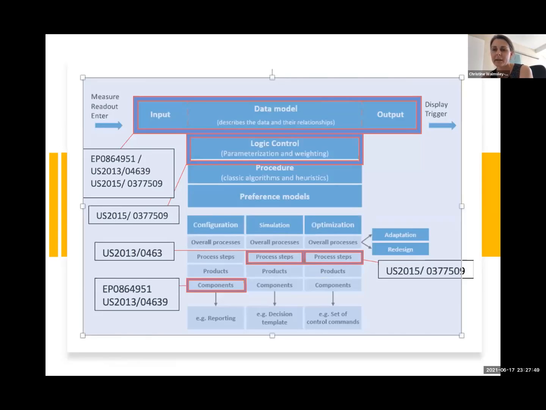So you're looking at parameterization and weighting, how you can take the inputs and really closely monitor that to make sure that your outputs are correct. Then there were a number of patents also that related to configuration components and process steps, both in simulation and optimization.